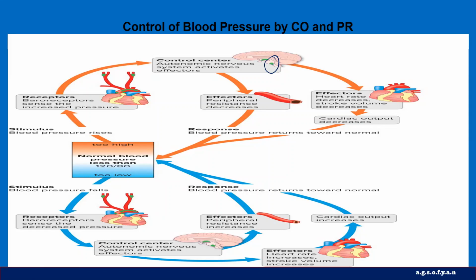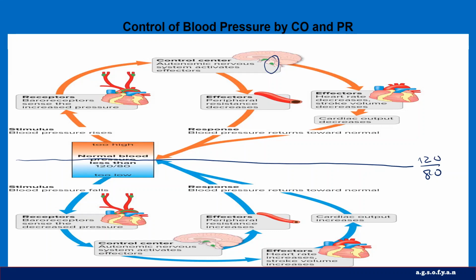Okay, so let's say this is the normal blood pressure, 120/80.